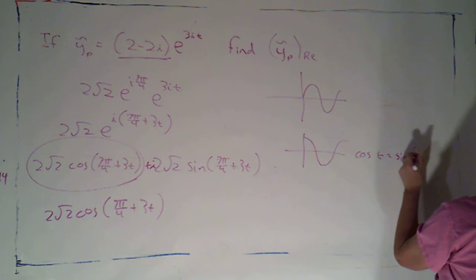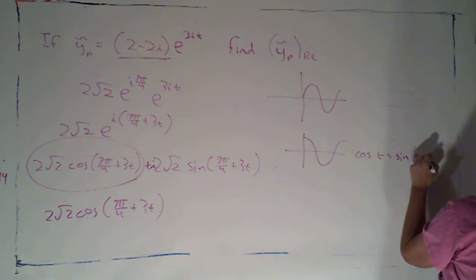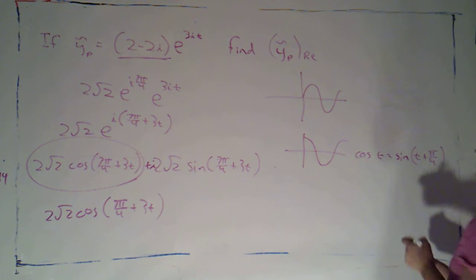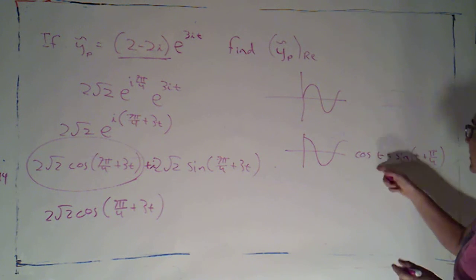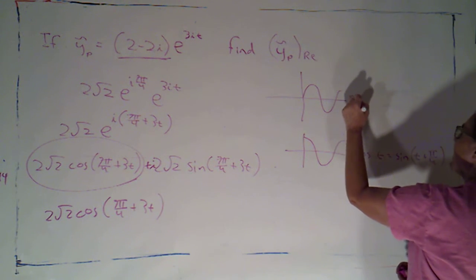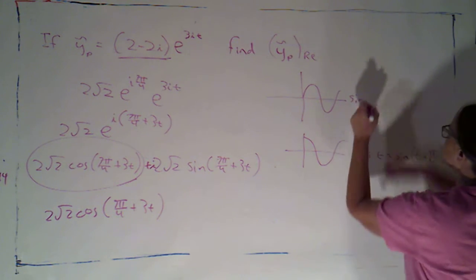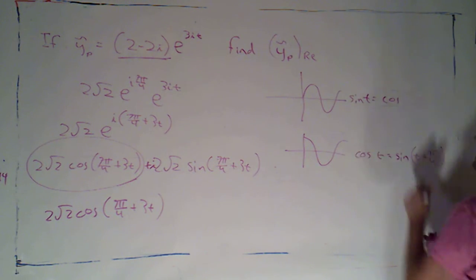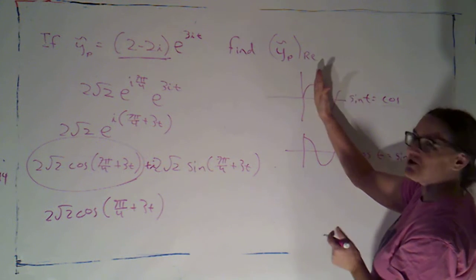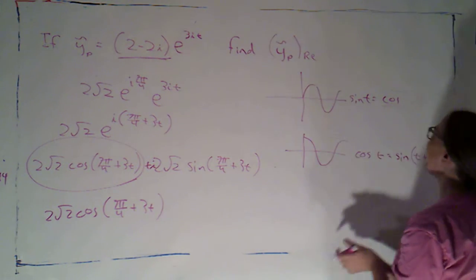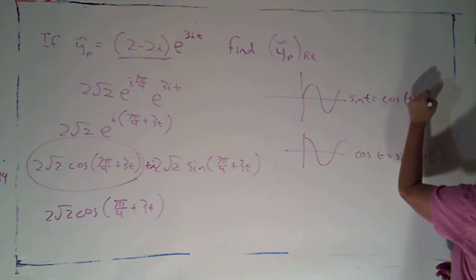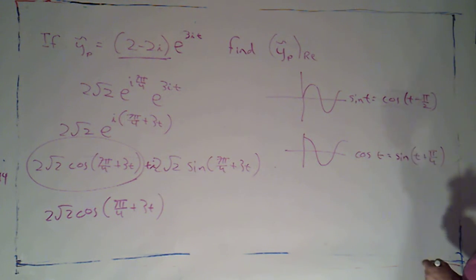So that's sine of t plus pi over 2. Alternatively, I can view the sine graph, if this is just sine of t, as the cosine graph shifted to the right by pi over 2. So that would be t minus pi over 2.